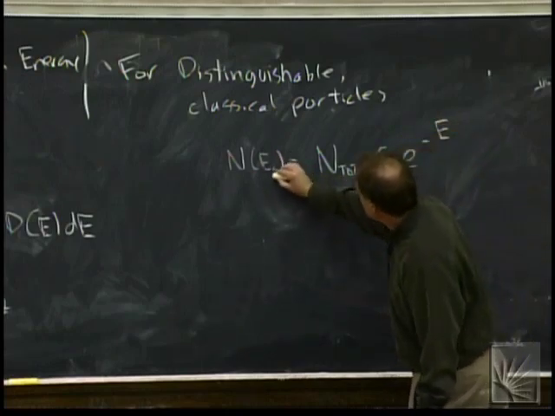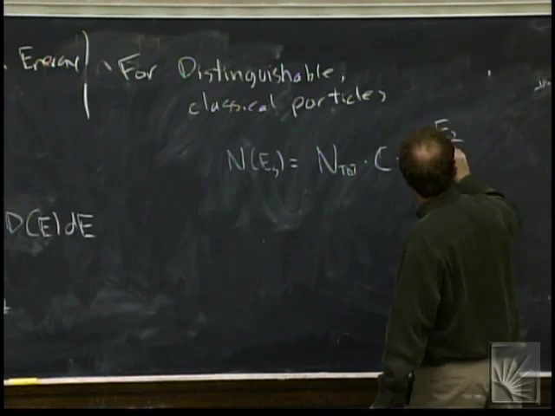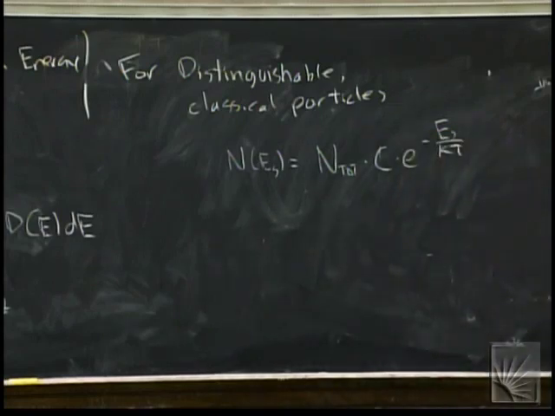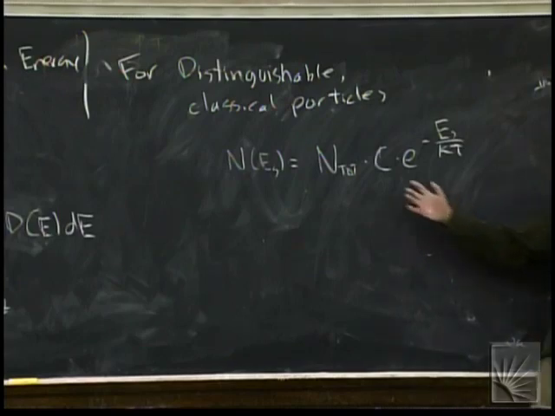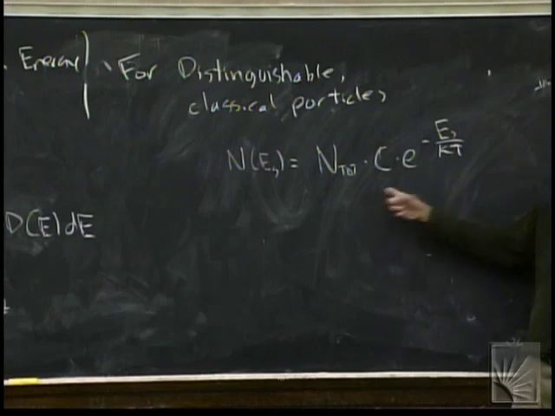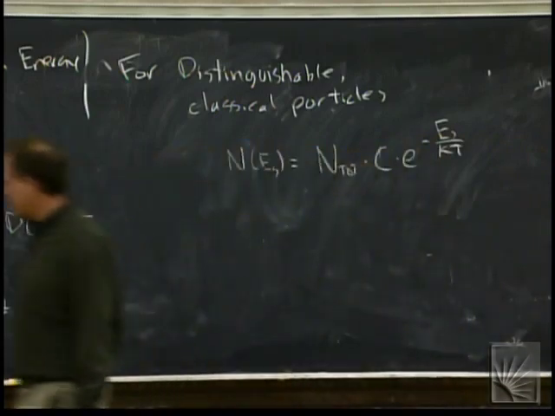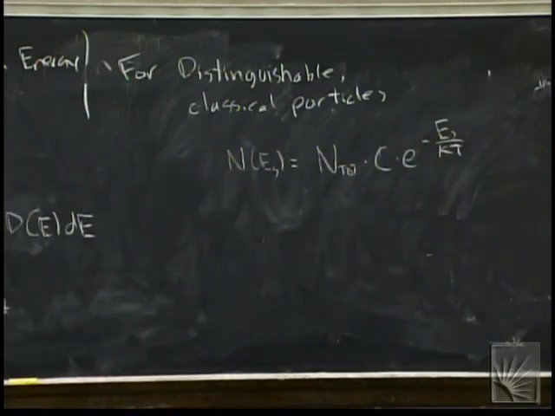Let's say, I'm even going to stick an S back on here, just to be very clear. So if I say how many particles are in a given energy, E sub S, some state S, this is the probability of the state, and then if I just multiply by the total number of particles, it's really very straightforward. In fact, this whole business here is just this with an N total stuck there. That's all it is, okay?